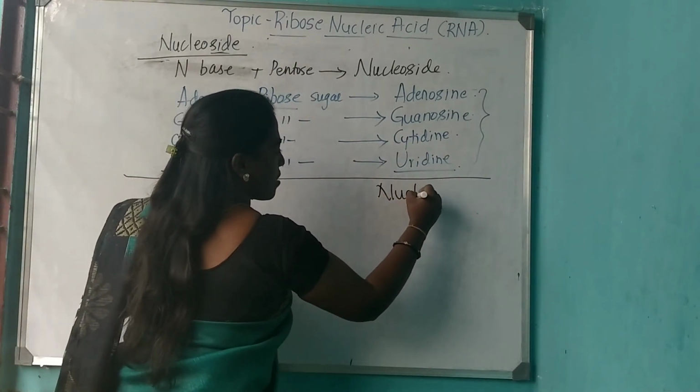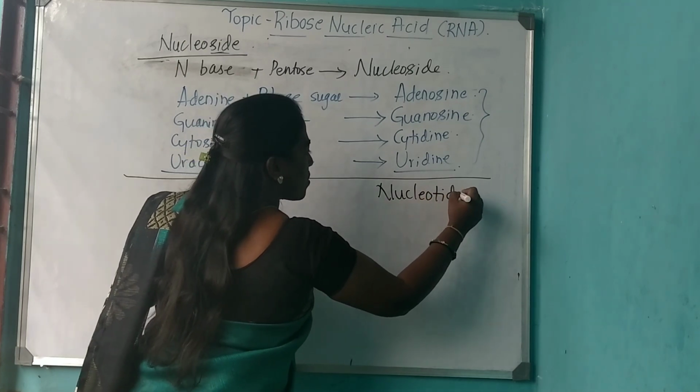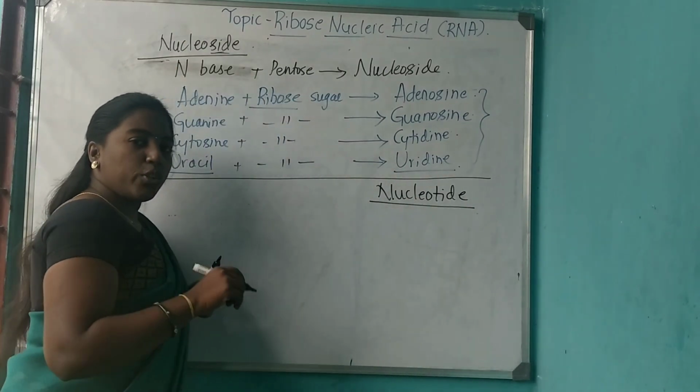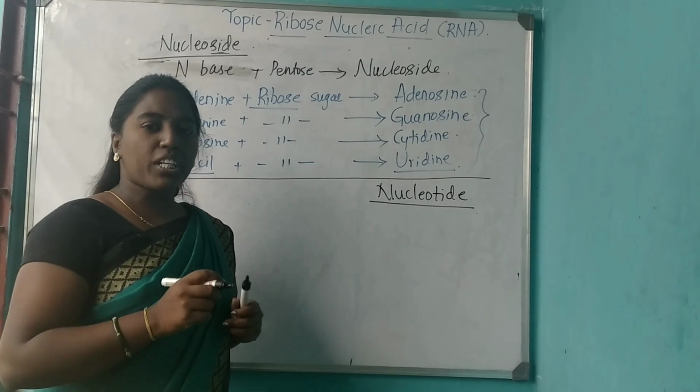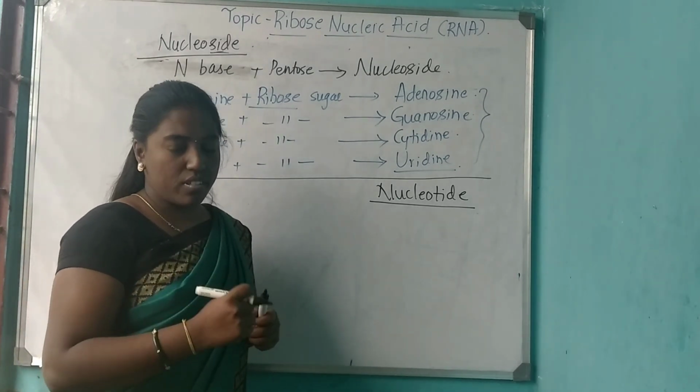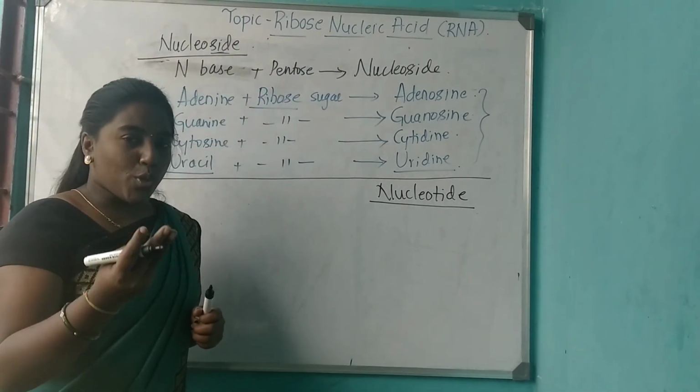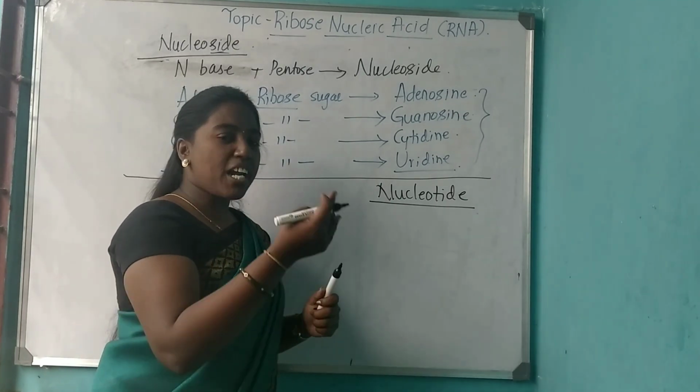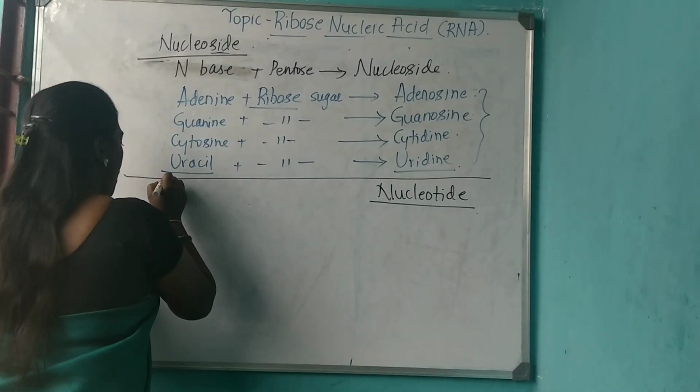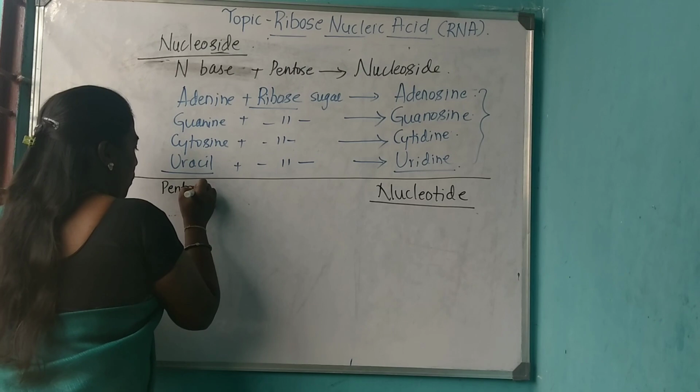So now let us discuss about the nucleotide. As you know, nucleotide is made up of how many components? 3 components. So that is pentose sugar, nitrogenous base and phosphate.